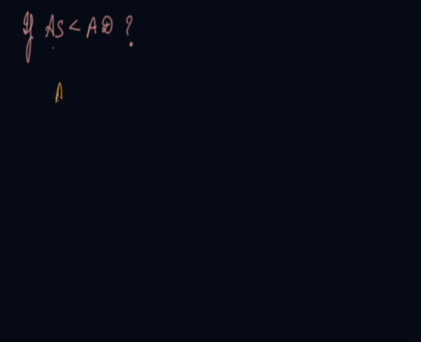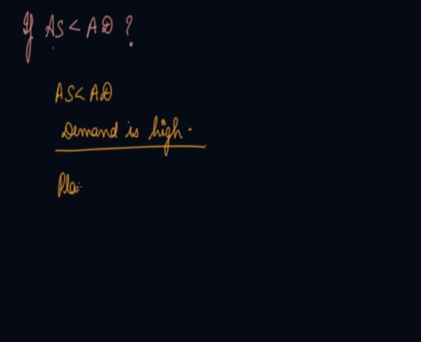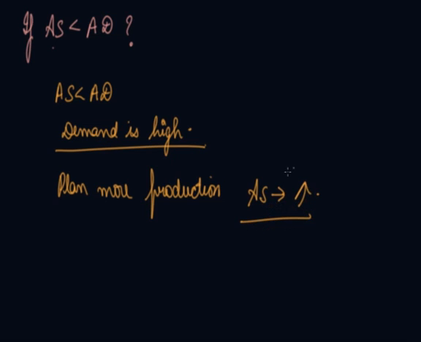Now if aggregate supply is less than aggregate demand, which means the demand for goods and services is high in the market and there is less supply, what will a producer do? The producer will plan more production and accordingly will start supplying more, which helps in increasing the aggregate supply, and again equilibrium will be restored when your aggregate supply is equal to the aggregate demand.